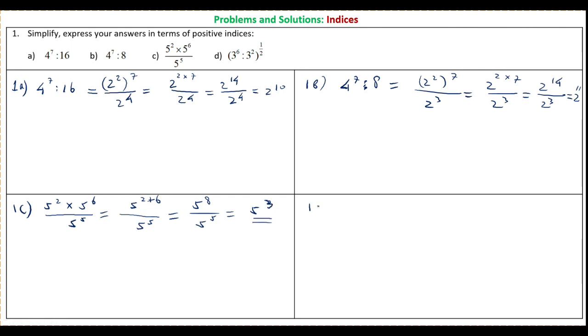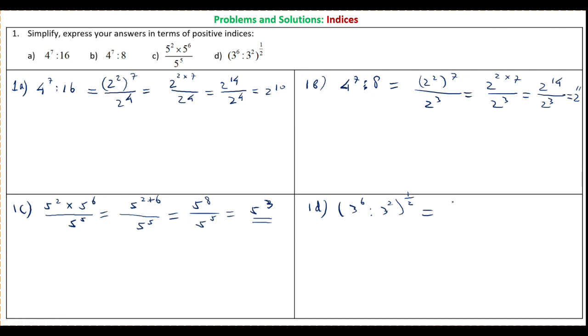For 1d, 3 to the power of 6 divided by 3 squared, all to the power of 1 over 2. So we work out this one first. 3 to the 6 divided by 3 to the 2. So we subtract indices, second law.